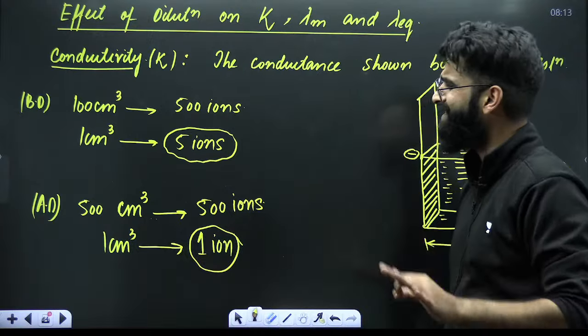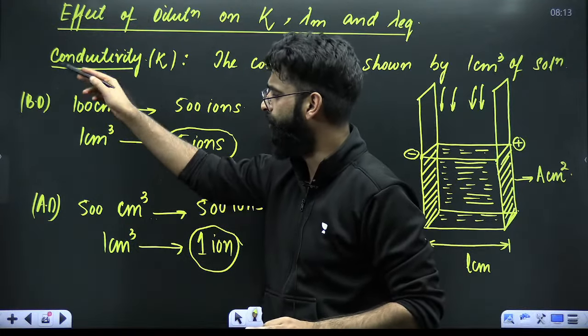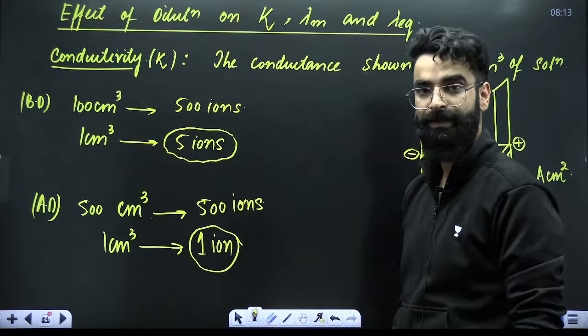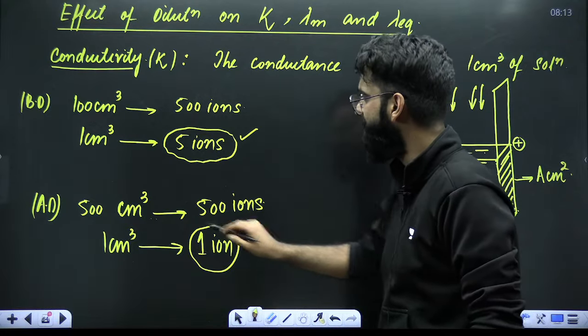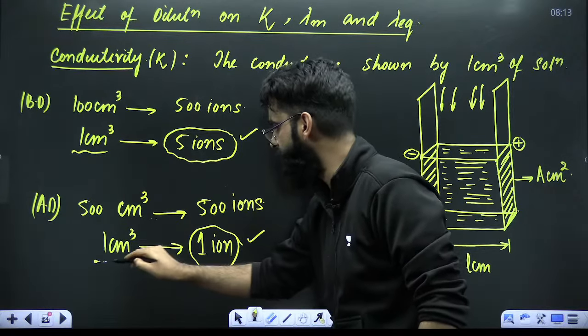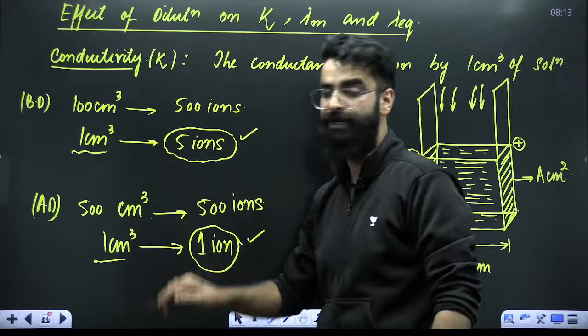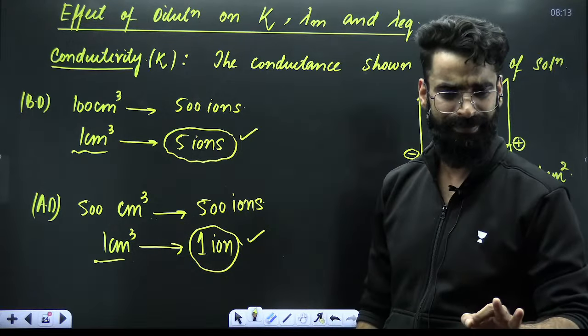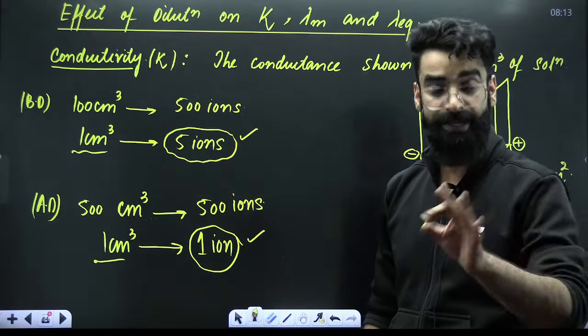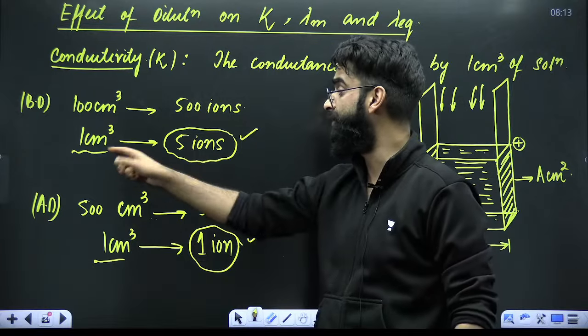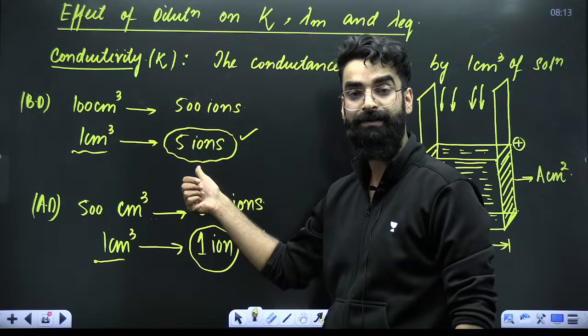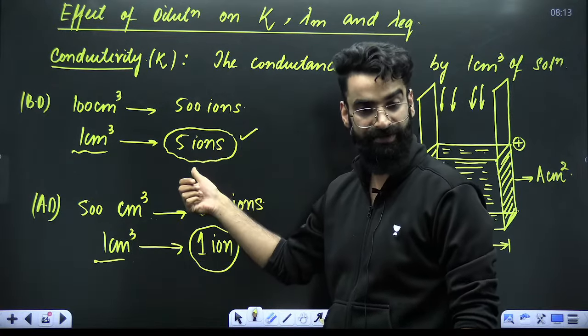My dear students, can I say that due to dilution, due to the addition of extra solvent, the number of ions per unit cube of the solution decreased? Initially, before dilution, in 1 centimeter cube of solution there were 5 ions, so conductivity was due to 5 ions.